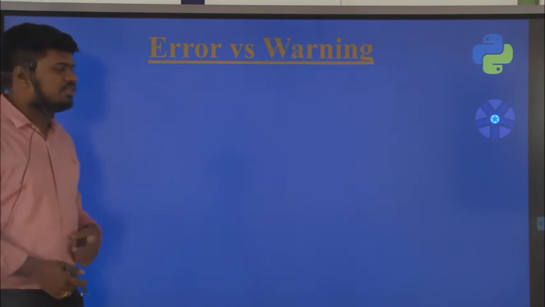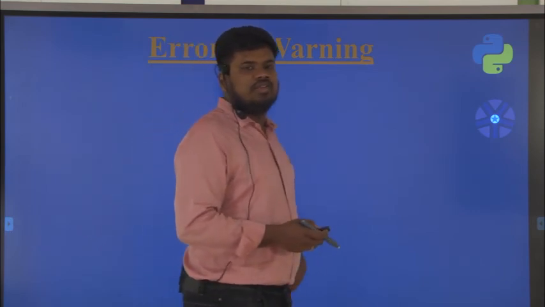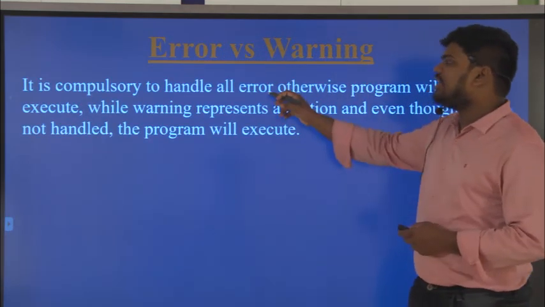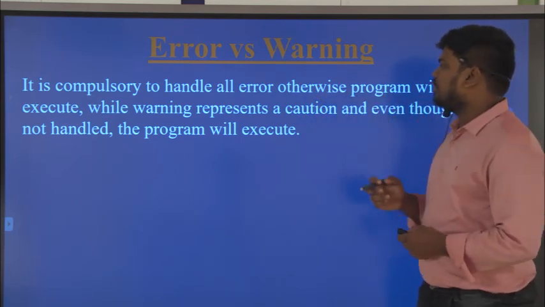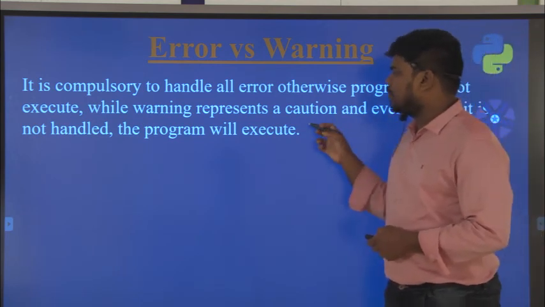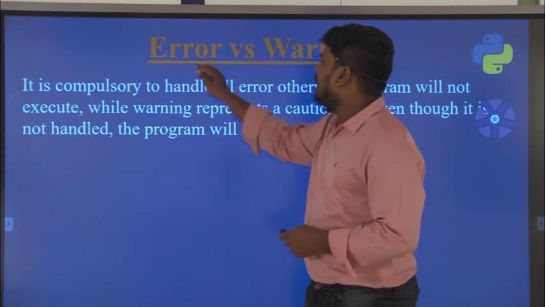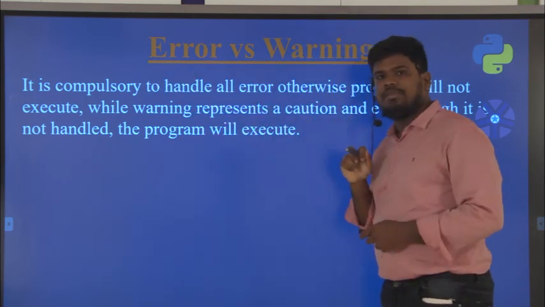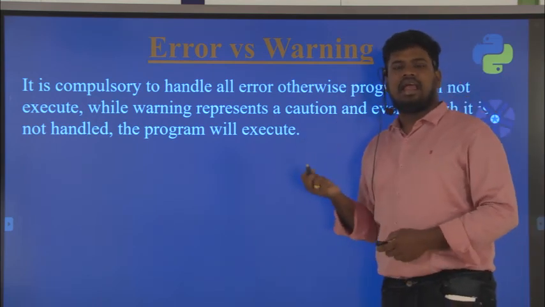So error versus warning. We have to know the differences between what is an error and what is a warning. Observe here, it is compulsory to handle all errors, otherwise the program will not execute, while a warning represents a caution, and even though it is not handled, the program will execute. So errors should be handled within the program using an exception handling technique, within a try, a catch, all those things.